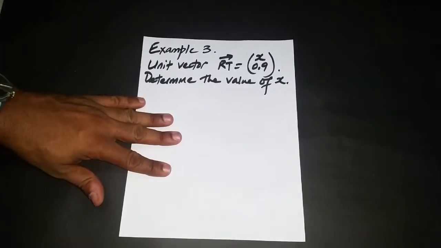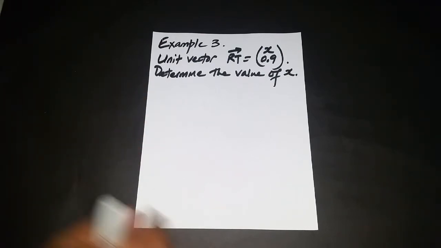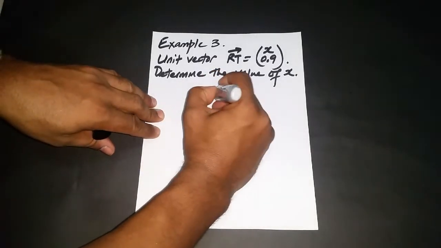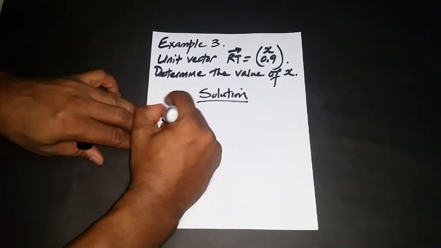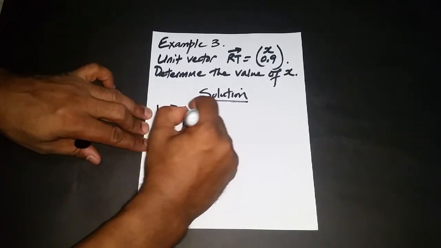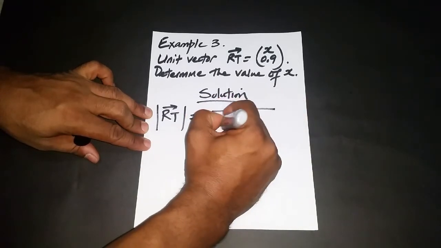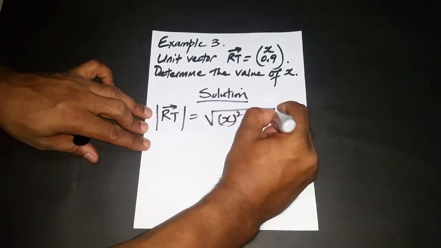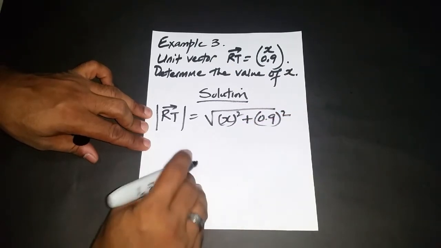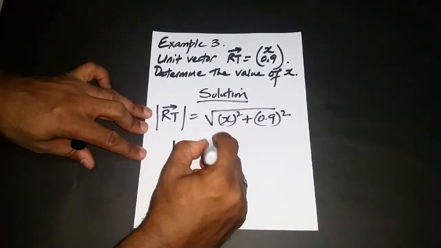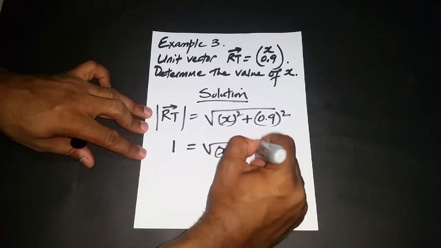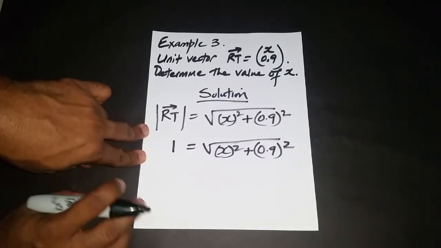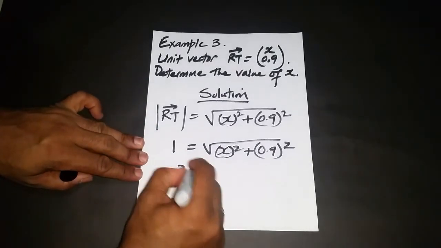Final example. It says unit vector RT equals (x, 0.9), determine the value of x. Let's just get this done as quickly as possible. The magnitude of vector RT is equal to the square root of (x squared plus 0.9 squared). It's a unit vector, so it must be equal to 1. To get rid of the square root symbol, we simply square both sides.